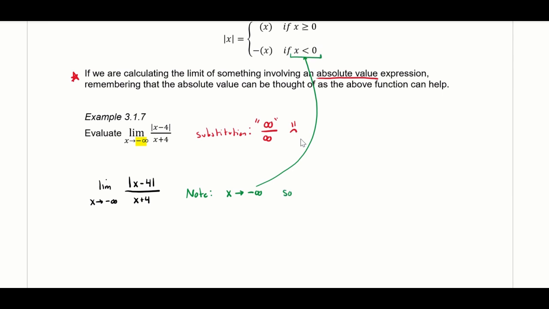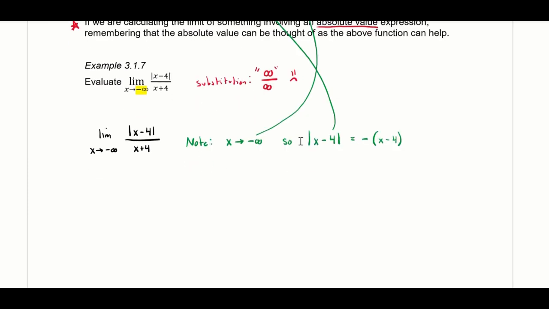So that means I'm going to rewrite this, the absolute value of x minus 4, as this. In other words, negative, then I'm putting that thing in brackets, x minus 4. So I'm basically using the piecewise function to get rid of the absolute value expression and write it as now just a negated parenthetical term. So I'm going to replace this with this.